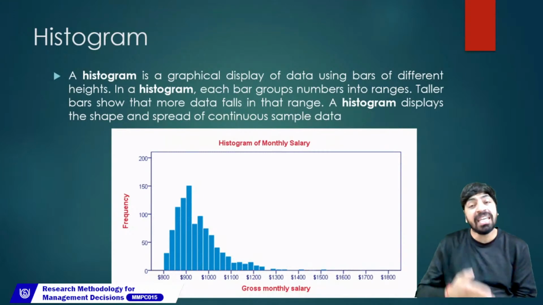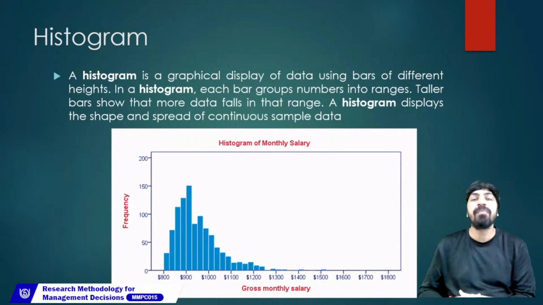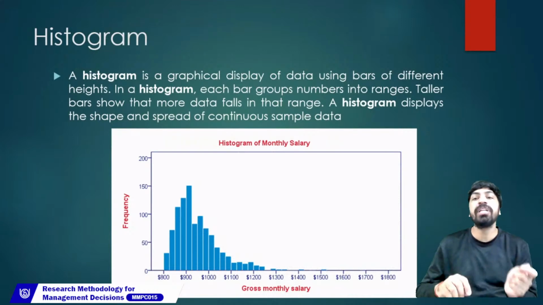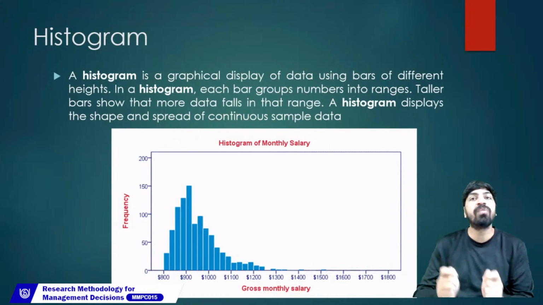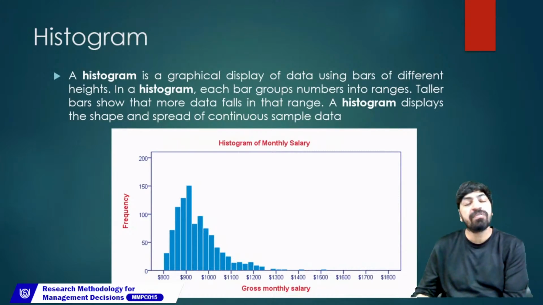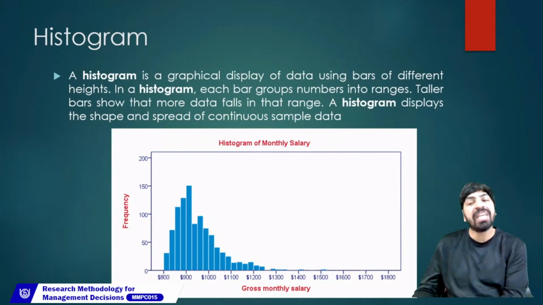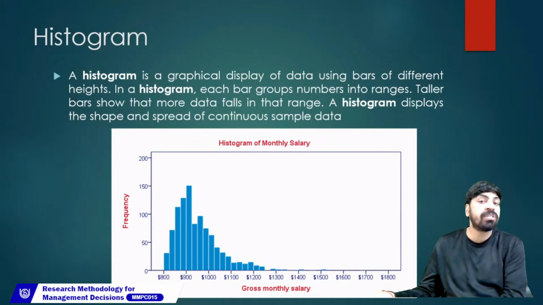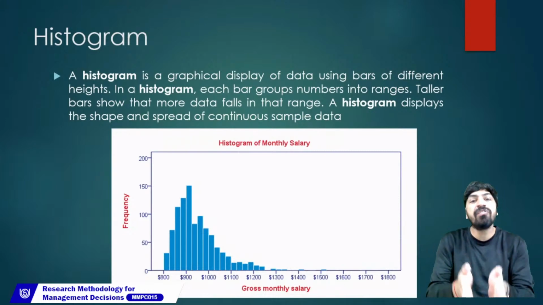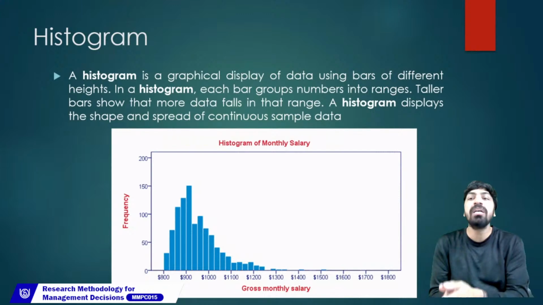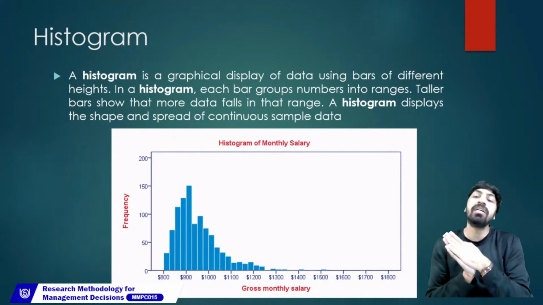Each bar groups numbers, which are always shown in ranges like 500 to 1000, 1000 to 1500, 1500 to 2000, 2000 to 2500. So it becomes a range, a difference between the ranges, which is shown under the histogram.